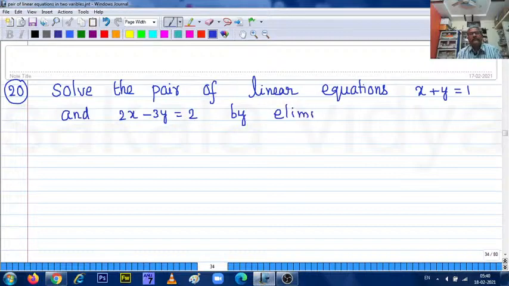This elimination method is very important. Generally we use elimination method in all sorts of problems. Let me explain the elimination method also. See the solution.